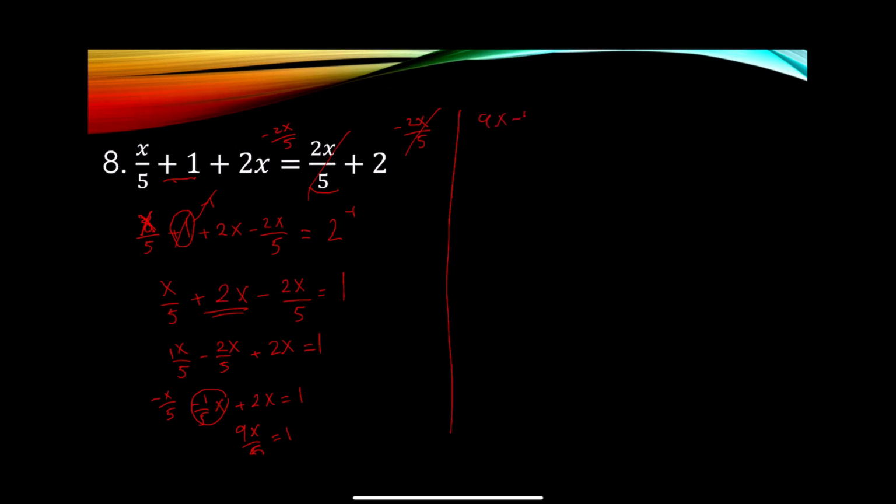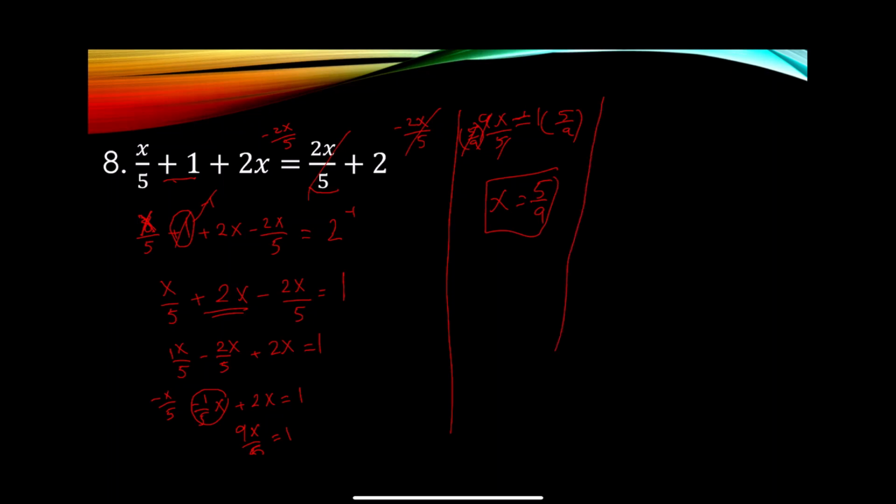Now, in order to get rid of the fraction, we should multiply by the reciprocal, which is 5 over 9. This will be cancelled with this, so x is equal 5 over 9.